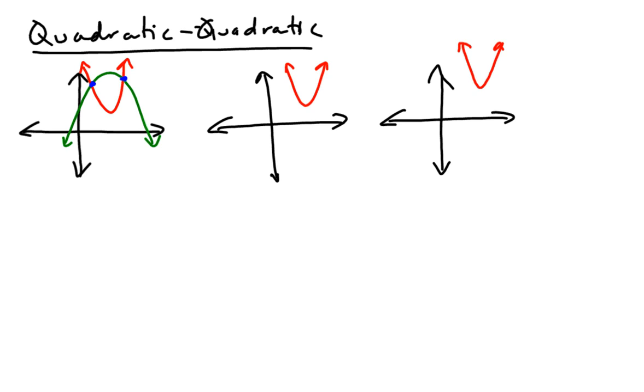We could end up with a second situation where maybe the second quadratic and the first quadratic don't intersect at all. So it's possible to have a system of quadratics where there are no solutions. And then the last one, well, it's possible that we have a second quadratic that just will barely contact, and that will give us 1 point of solution.